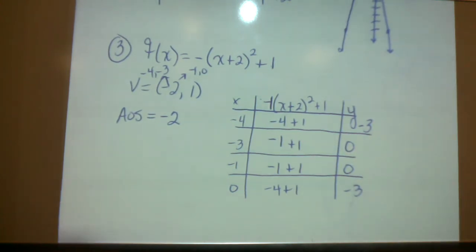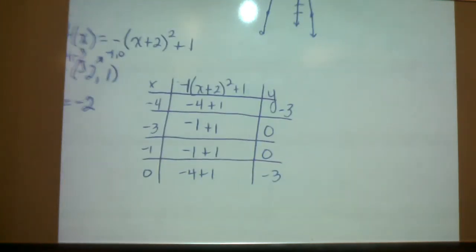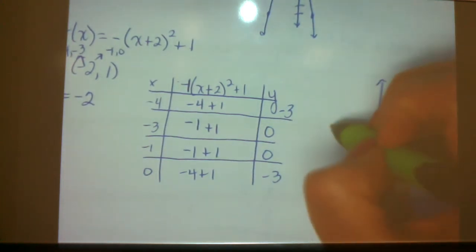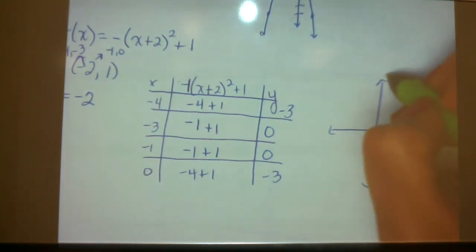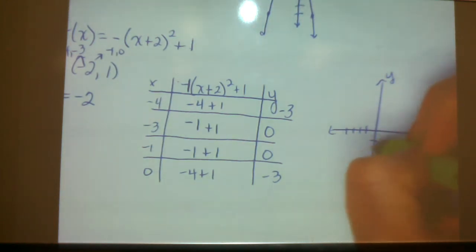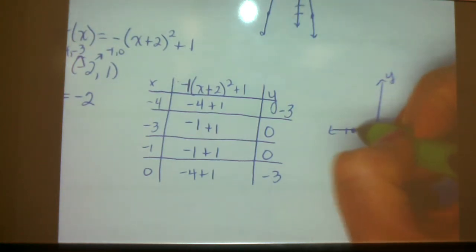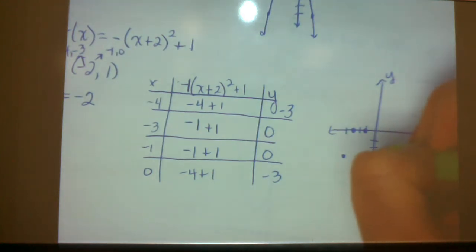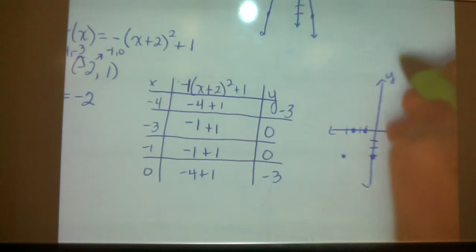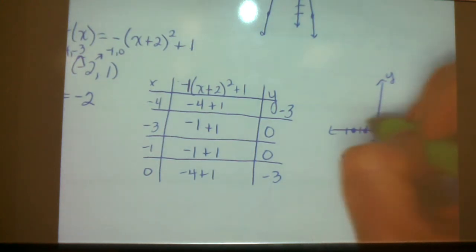So let's go through and graph this. Let's do negative 4, negative 3. I've got negative 3, 0, negative 1, 0, 0, negative 3, and then I've got my vertex, which is negative 2, positive 1.